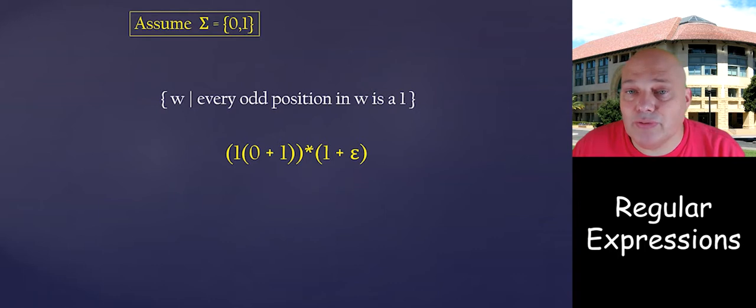This will give you all the even-length strings, but you can also take it 0 times, and you concatenate it with (1+epsilon). So this will give us the empty string, which is in the language, because in the empty string there is no element in an odd position, and therefore it satisfies this requirement trivially, and the string that is just composed of a single character, which is 1.